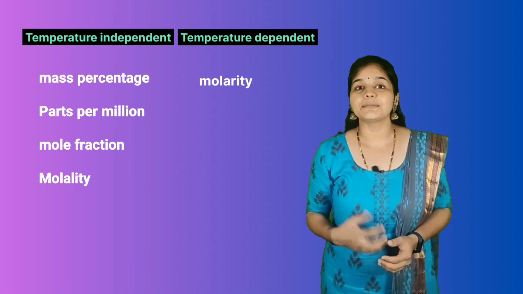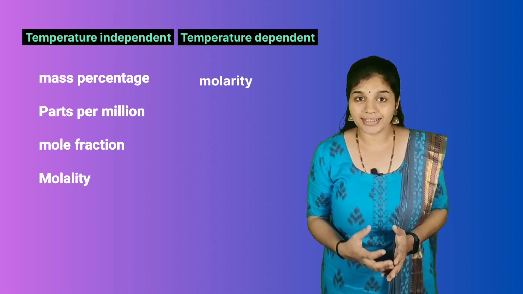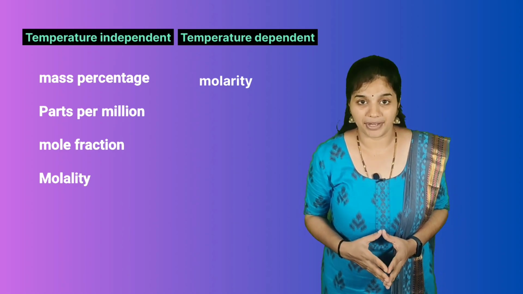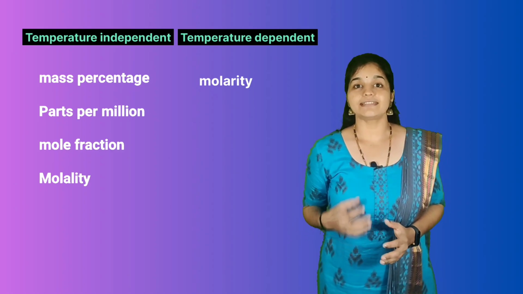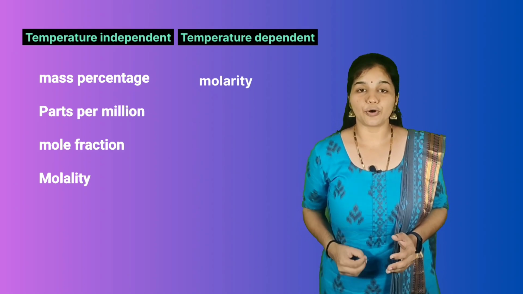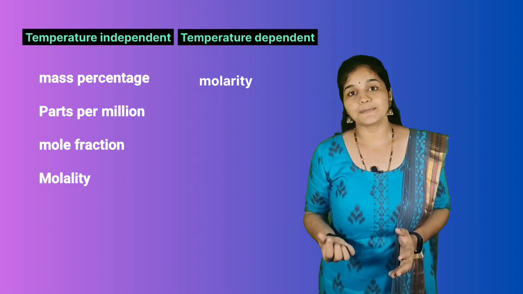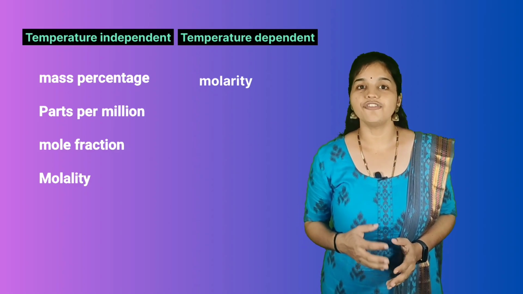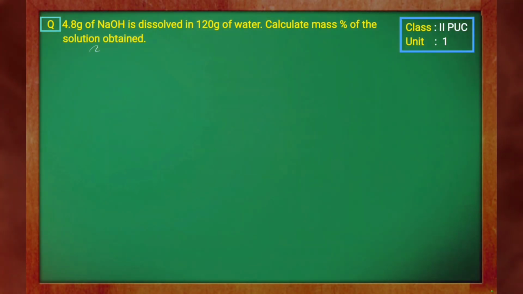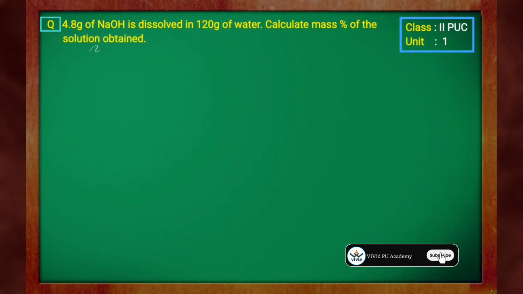And when the experiment itself depends on temperature, we can express concentrations in terms of molality, mass percentage or in terms of ppm. Let us see a few examples on how we can determine concentrations of solutions.